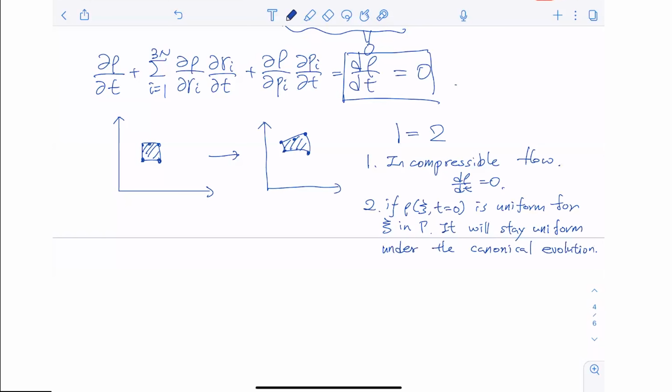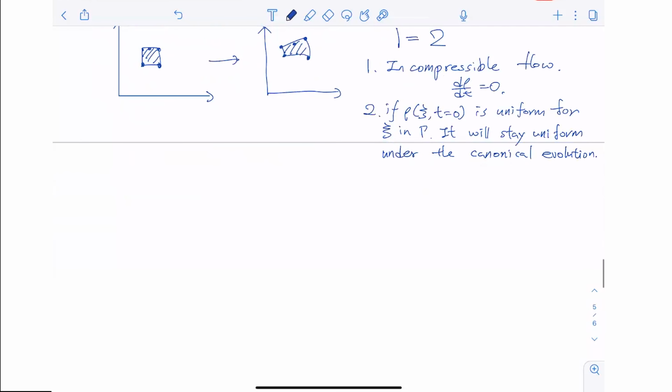So it is almost like a restatement of the same thing, but it suggests that, as I mentioned, it is possible for us to form some kind of probability description of our system.